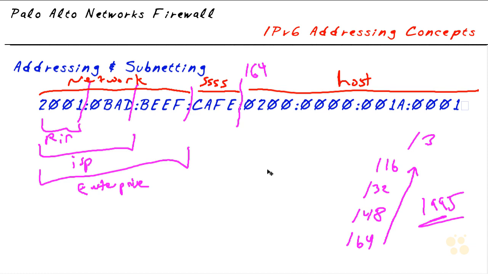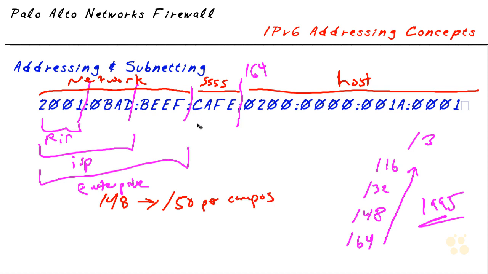So we don't have to learn anything new, other than I would say that it's more important to get down to the binary. Okay? Let's say that I'm going to draw my line, and I'm going to subnet. So I have my enterprise as a /48, and I have 4 campuses that I want to split things into. Well, 4 is 2 bits. So what that means is I'm going to do a /50 per campus.